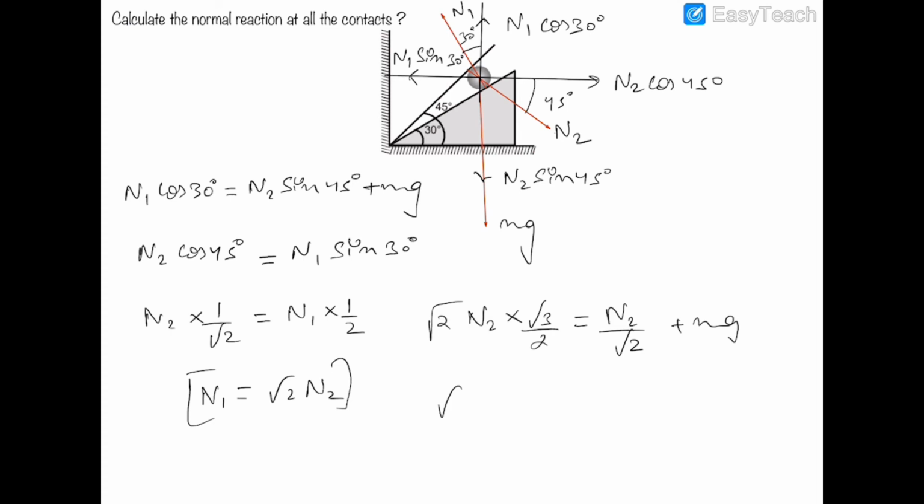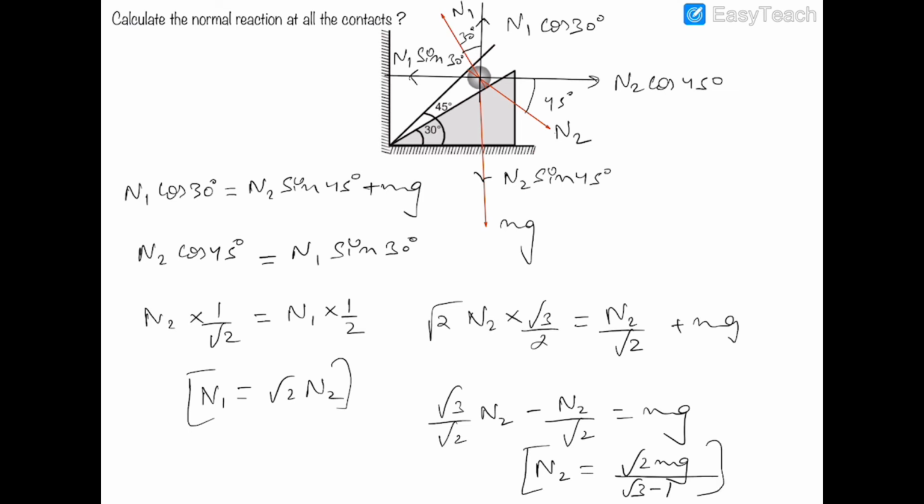So this is root 3 by root 2 N2 minus N2 by root 2 is equal to mg. So N2 will be equal to root 2 mg divided by root 3 minus 1. This is the value of N2.